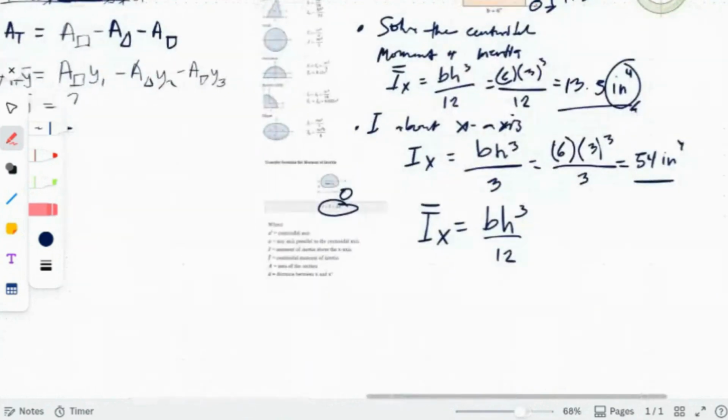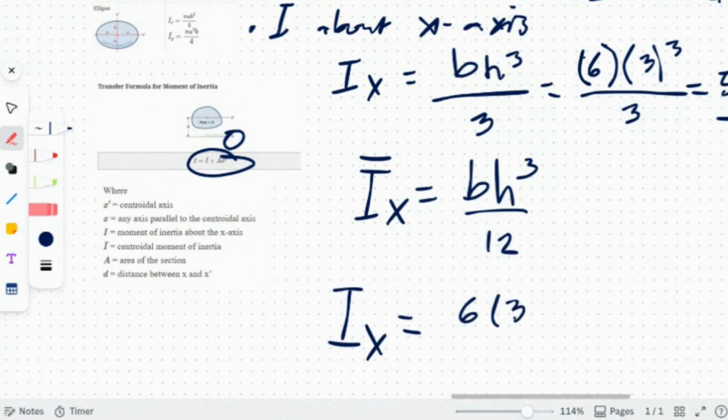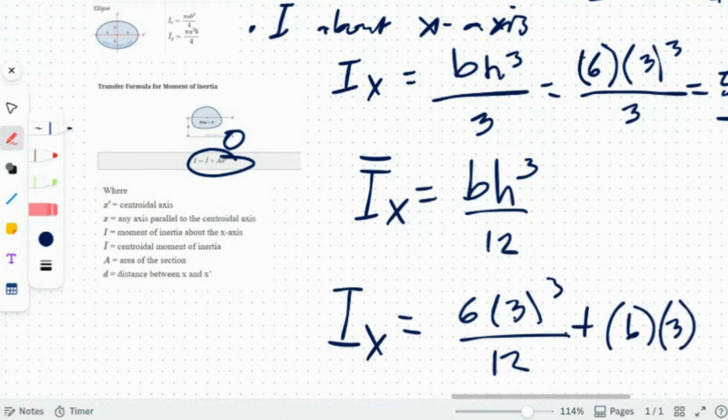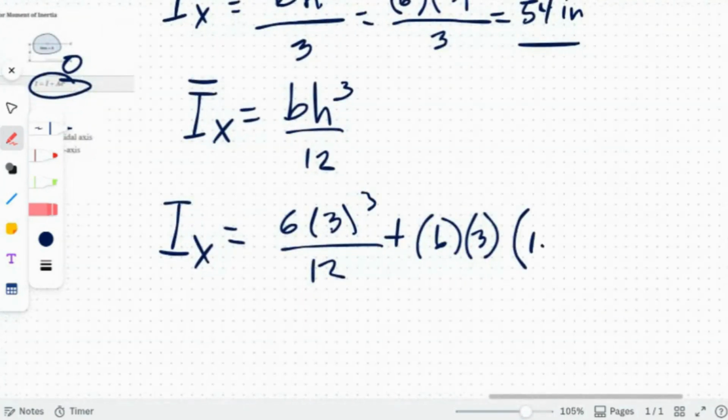So that's your D. If you want to transfer about X, all you need to do is use bh cubed, so that's 3 times 6 cubed over 12, and then plus your A, that is your 6 times your area, so base times height times the 1.5 squared, because this one is squared.